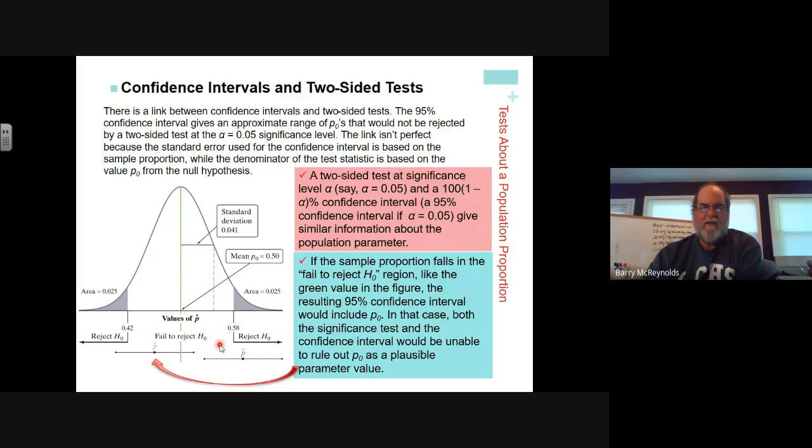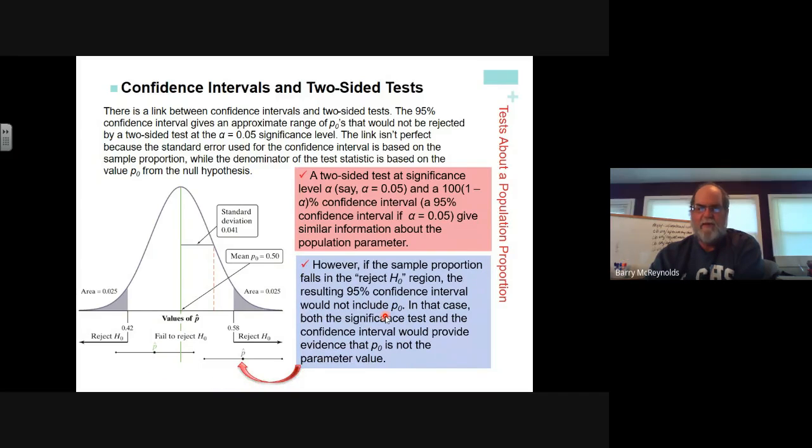If, however, we did a sample and our p hat fell here, where p hat is in the shaded region on one side or the other, you can see that the tail here does not stretch over far enough to get the mean value, the mean of p hat. So we would say it's not in the confidence interval, and we would reject the null hypothesis in this case. Okay, and so I think that's what this little tab here says.